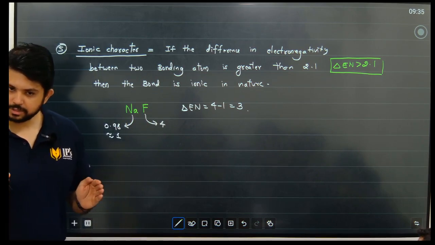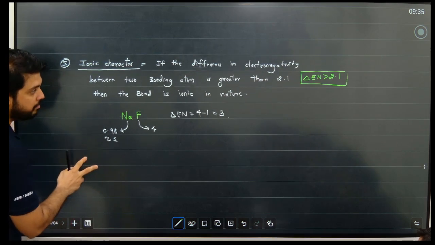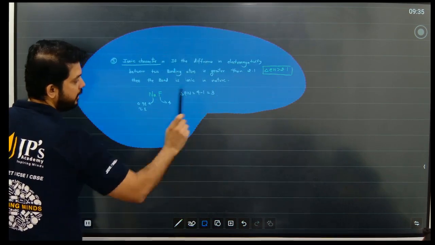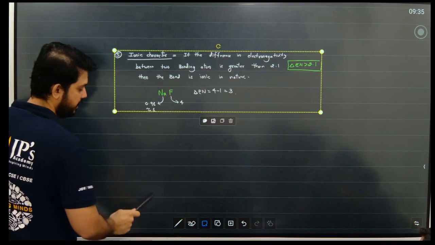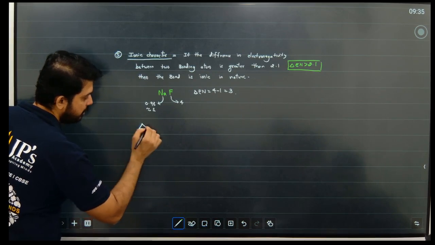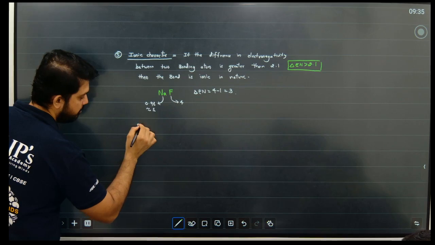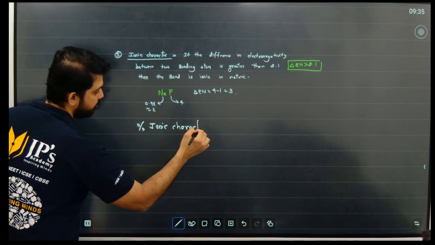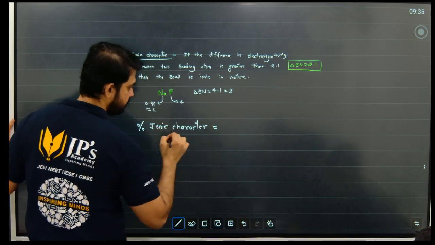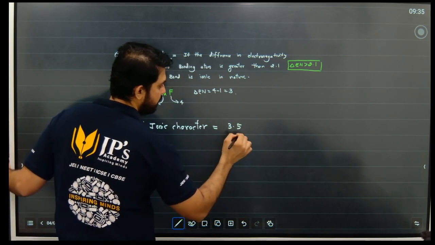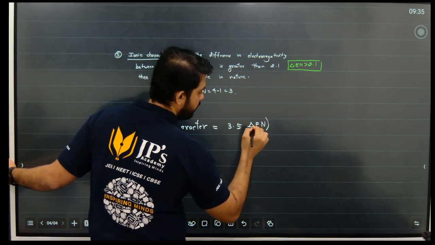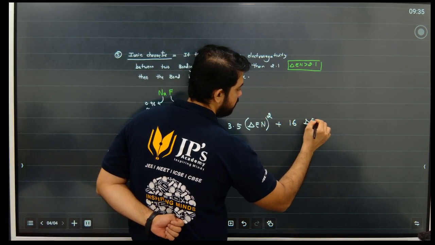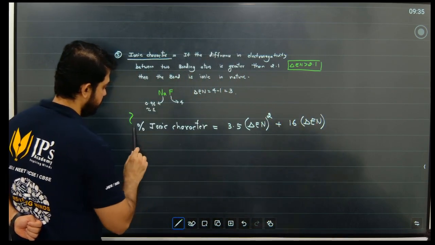However, if the electronegativity difference is not greater than 2.1, the bond will still have ionic character, which is given by percentage ionic character, or the amount of ionic character, is equal to 3.5 into difference in electronegativity the whole square plus 16 into the difference in electronegativity.